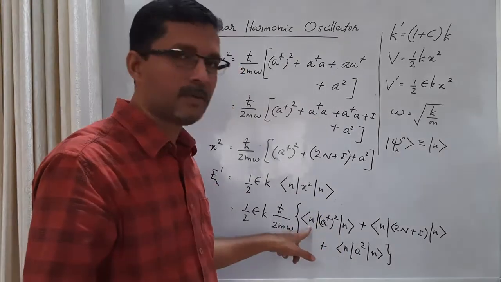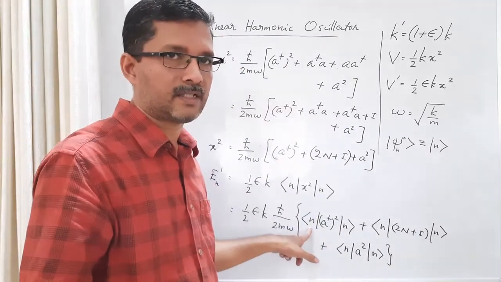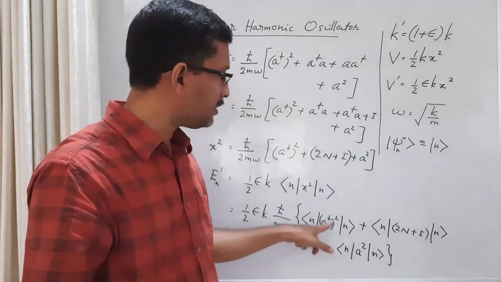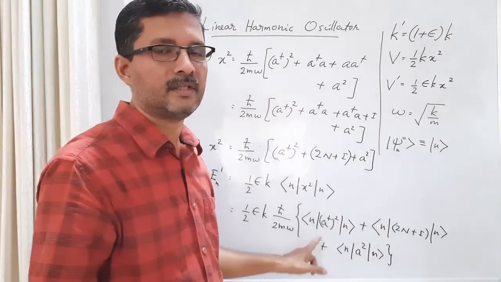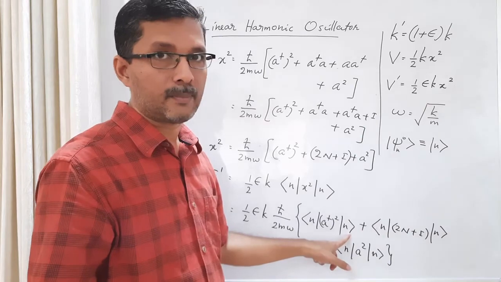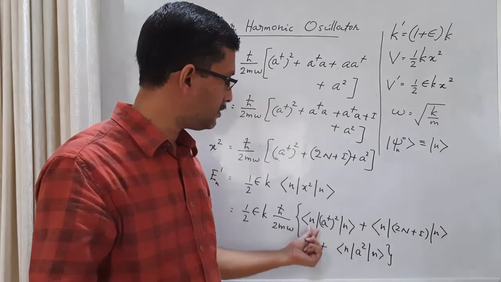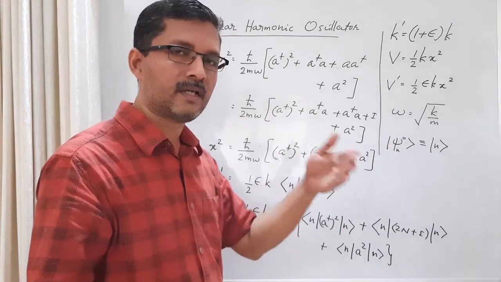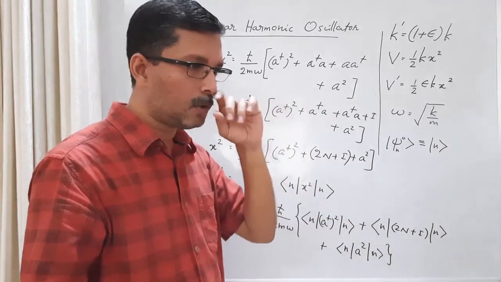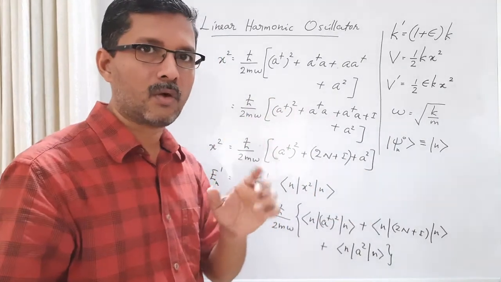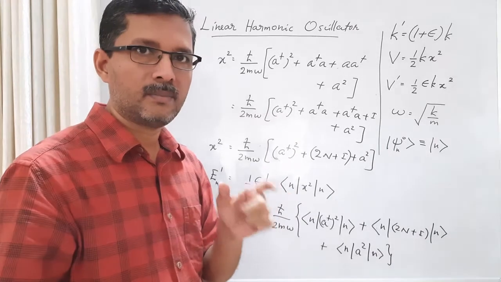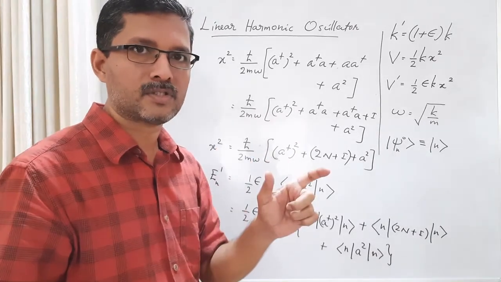In the bra vector side, you have bra vector n. So this bra vector n has to take the inner product with ket n plus 2. So you will get a term like bra vector n, ket vector n plus 2. Since all these eigenstates are mutually orthogonal, these are 2 different states. Ket n is one state, ket n plus 2 is another state.